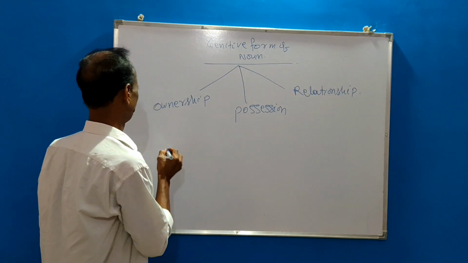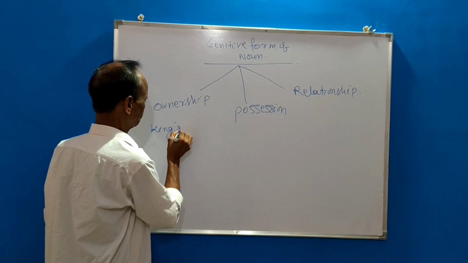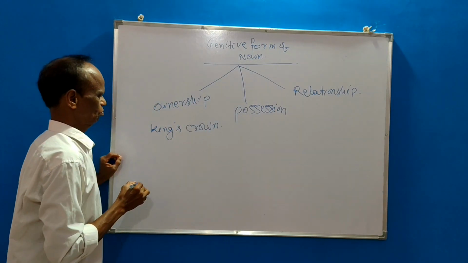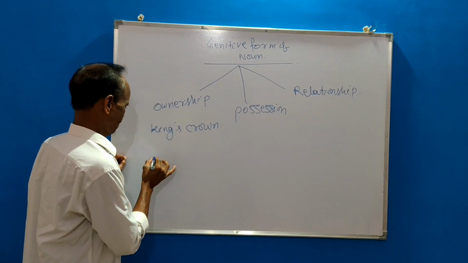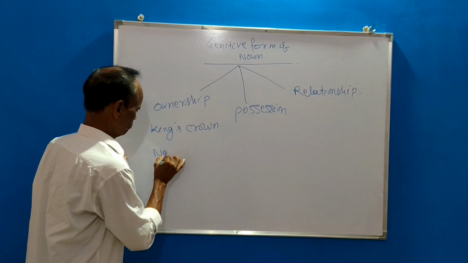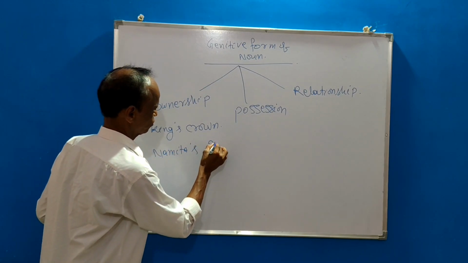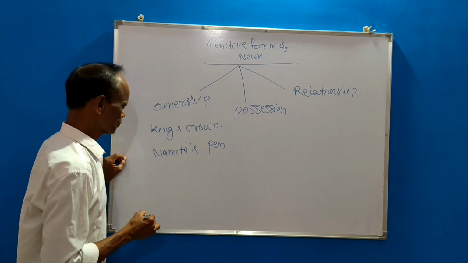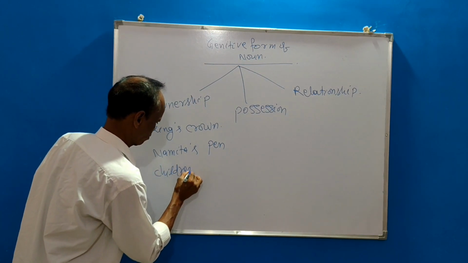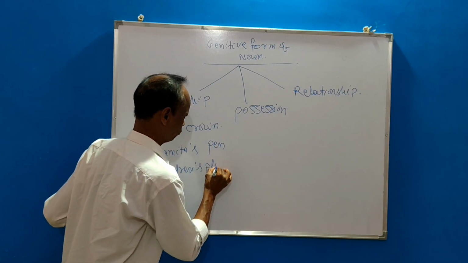For example, king's crown, Namita's pen, children's playground.